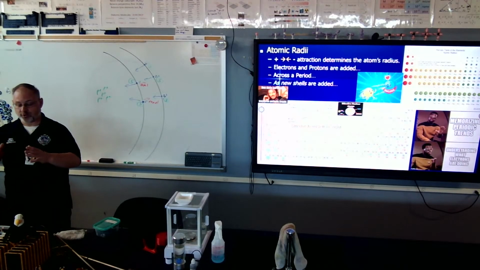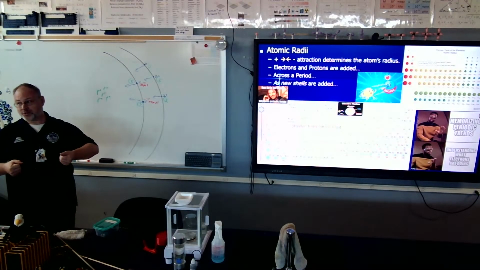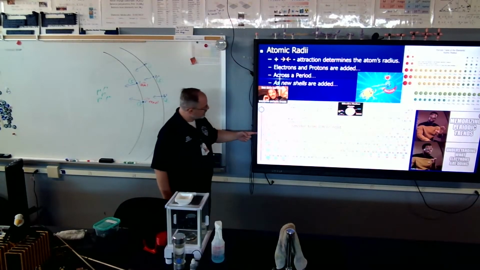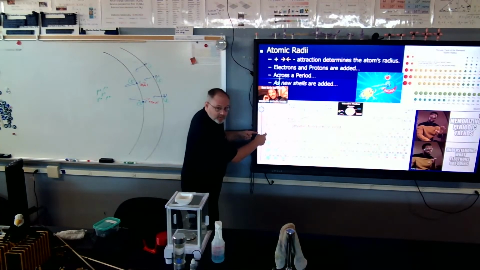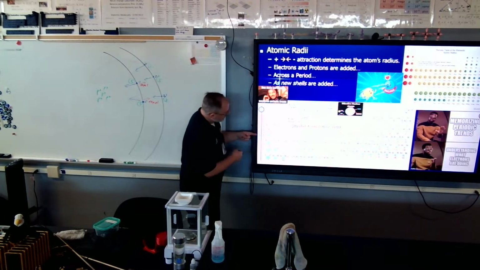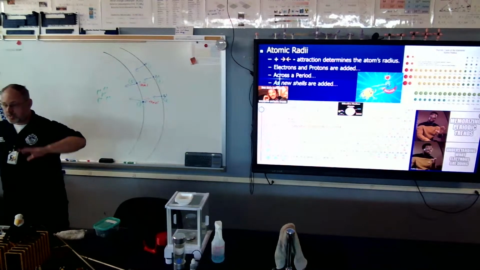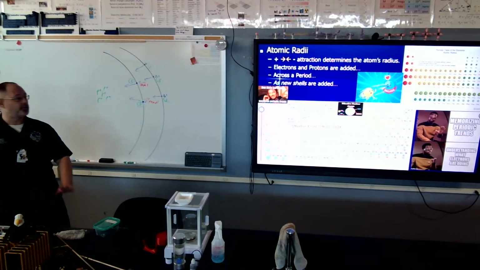So that first shell goes, yay, protons! And they're like, whoa, there's a lot of electrons in there pushing me back. That's why when you start a new shell, the atom is huge. Imagine an outside electron zooming around that green dot. As you add a new shell, those inner shells shield the electrons in the new shell, and that new shell gets pushed way out.